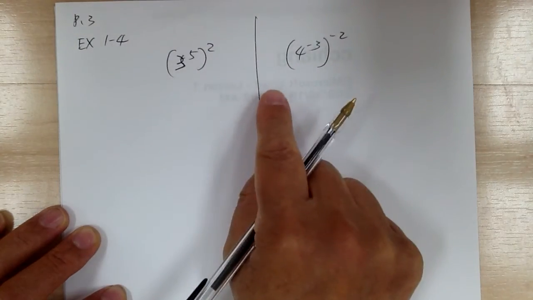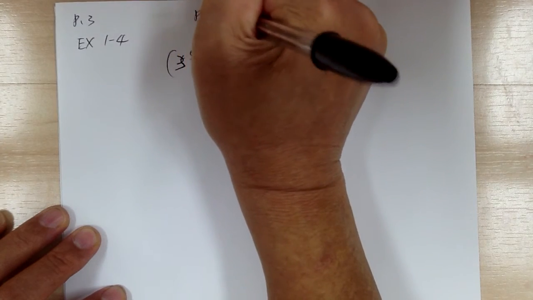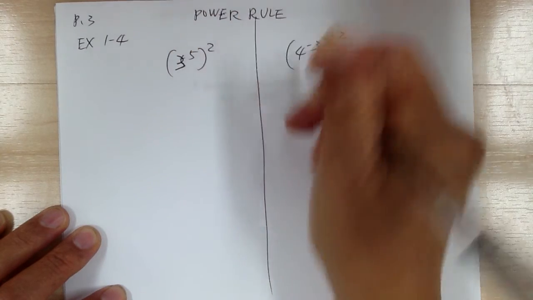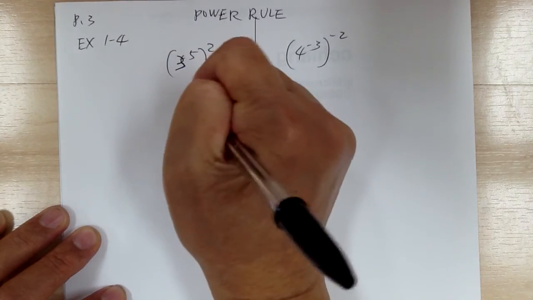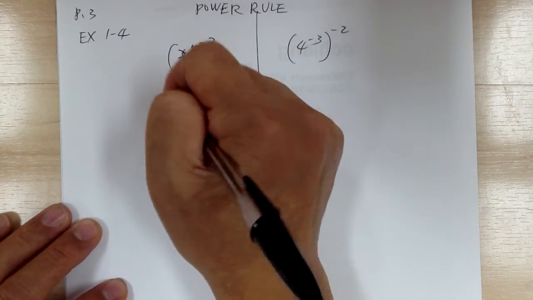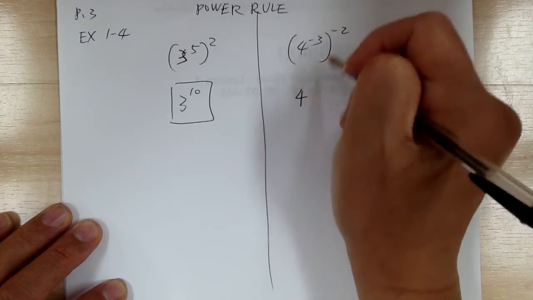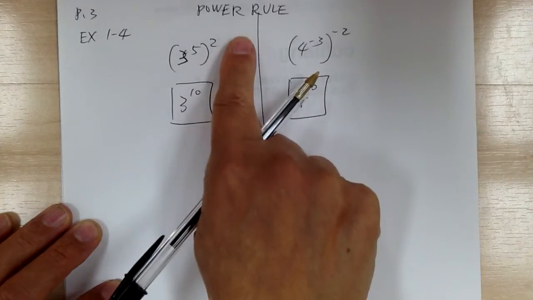To evaluate, you want to use the power rule. When you have an exponent of an exponent, you multiply, so this becomes 3 to the 10. This one, again, you multiply, so this is going to become 4 to the 6th power, and that's it. So this is the power rule.